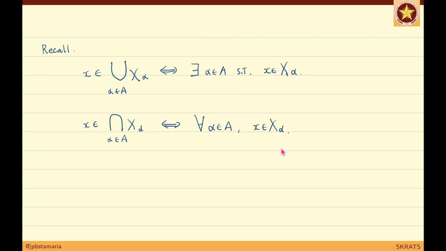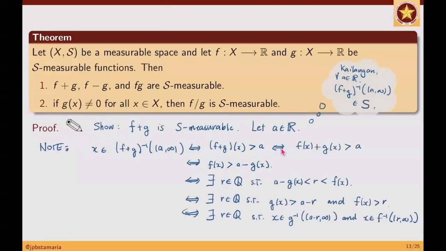Pero pag intersection, you should be in every x alpha. That's the idea. If you're going to look at this, there exists an R in Q such that x is here. Sige nga, i-rewrite ko pa to even better.